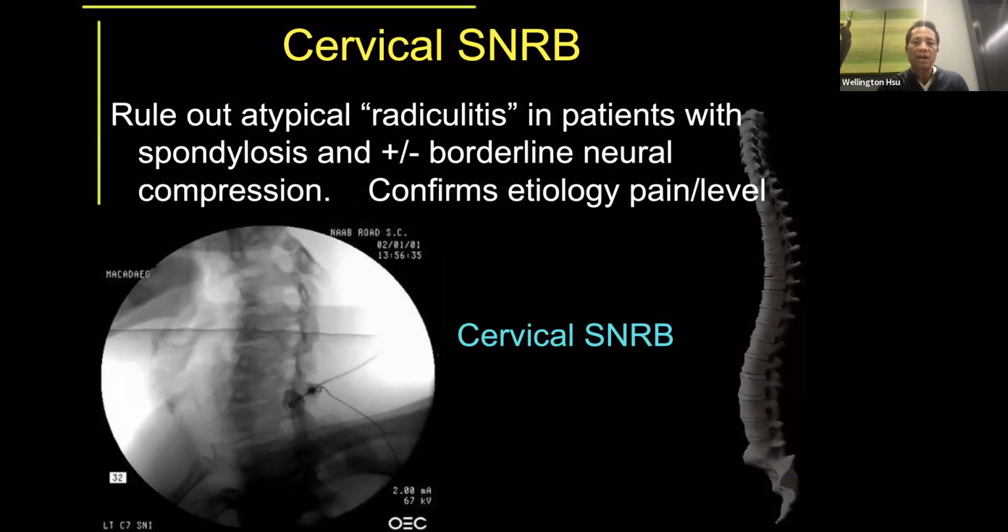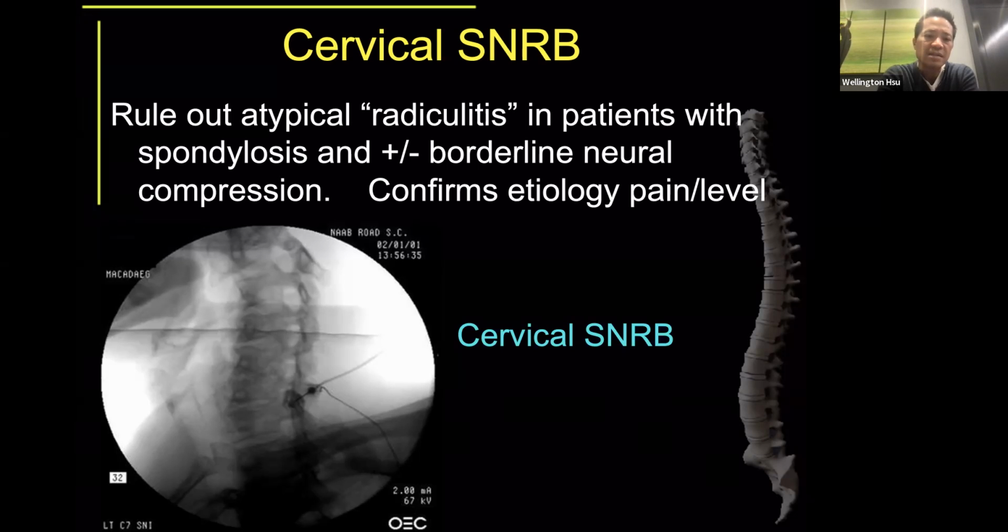A selective nerve root block is one where we just use anesthetic and it's just localized in the foramen of a particular nerve. And we typically use it to confirm etiology, pain and level. We use it as a diagnostic type of test. It can be therapeutic, but more or less diagnostic.